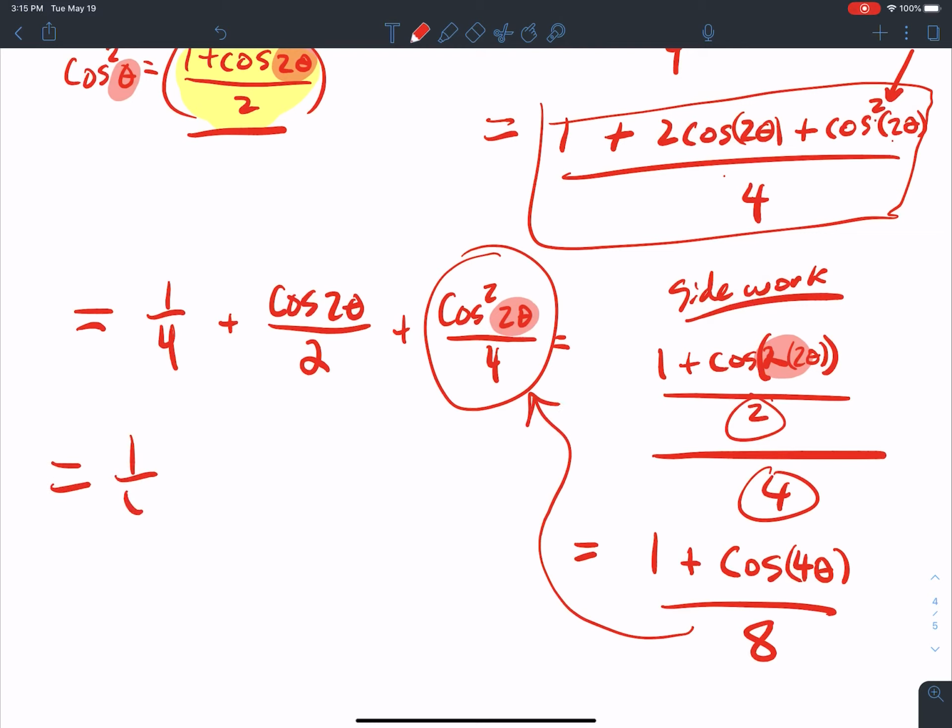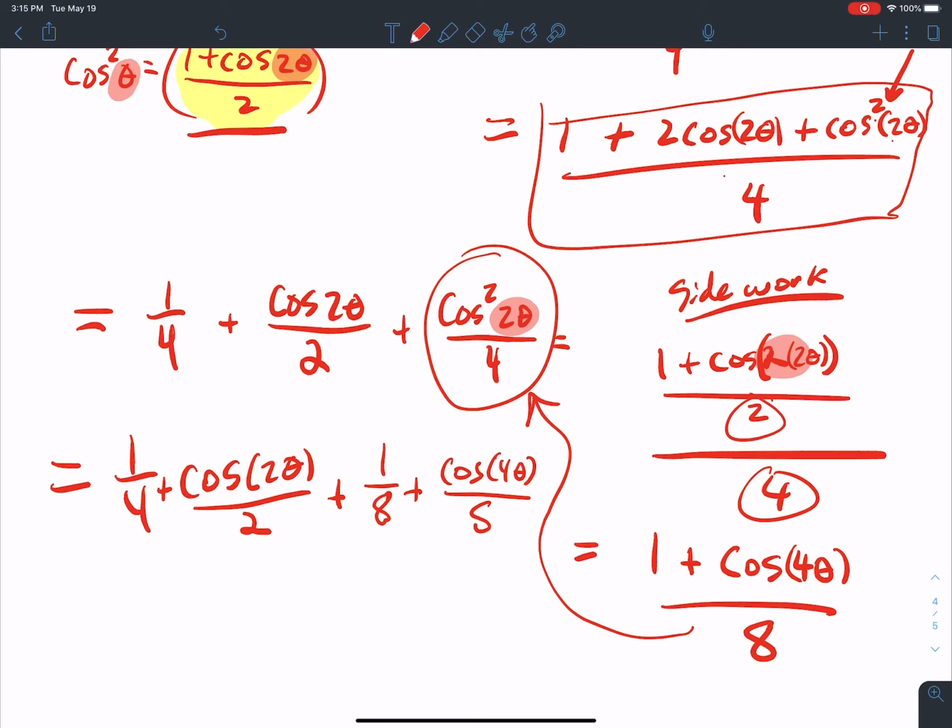So it's 1/4 plus cosine 2 theta over 2 plus 1 over 8 plus cosine of 4 theta over 8.